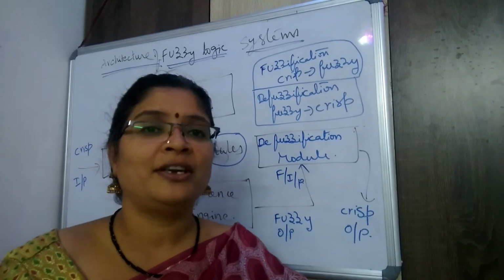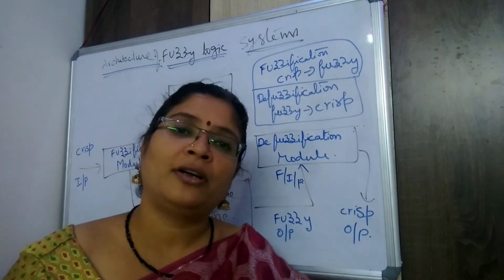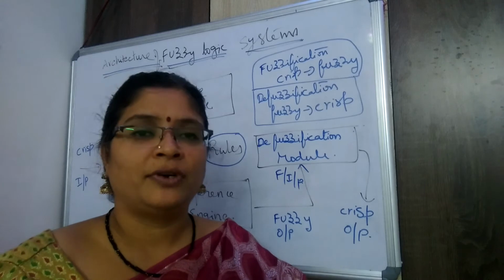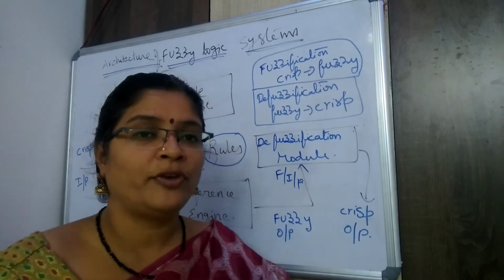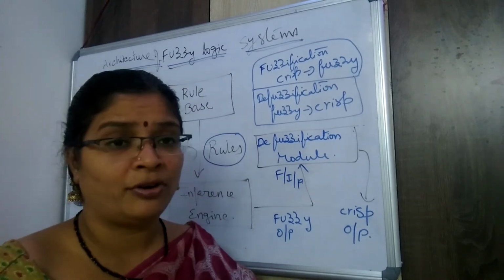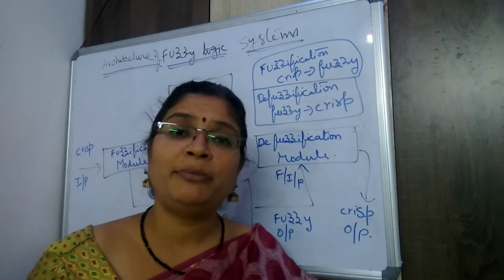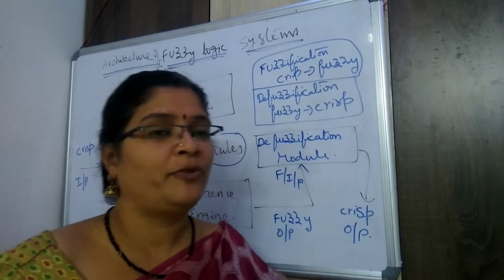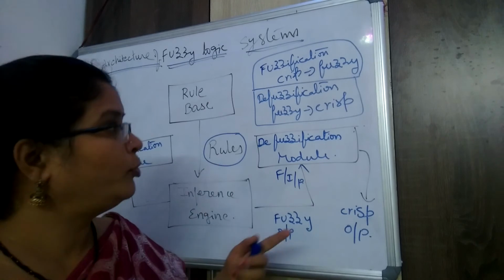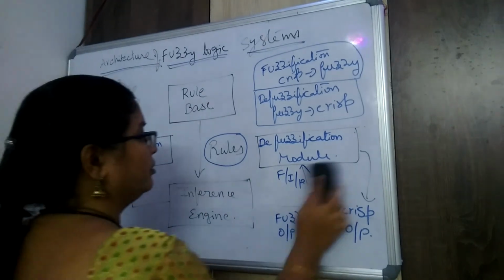Now we see what the advantages and disadvantages of these fudgy logic systems are, how they are going to be used in real world scenarios, and what the limitations are. To move to that, I am clearing the board.